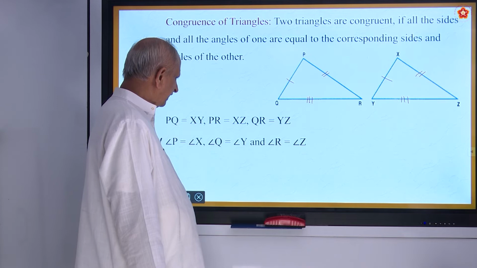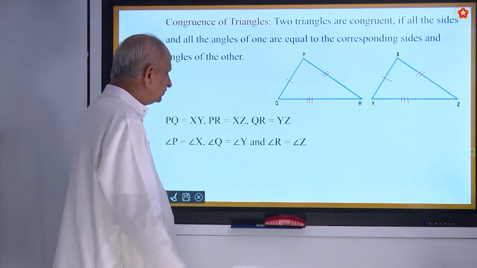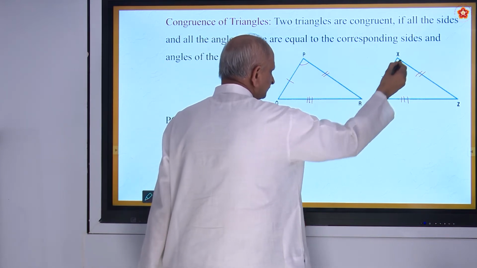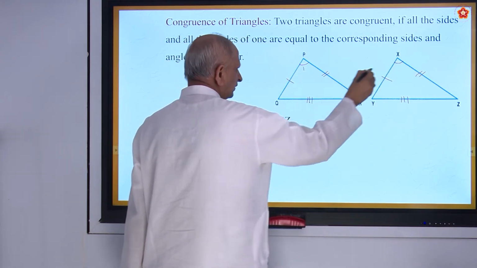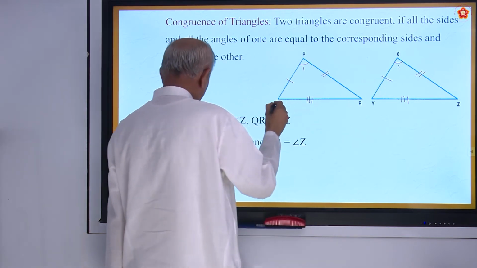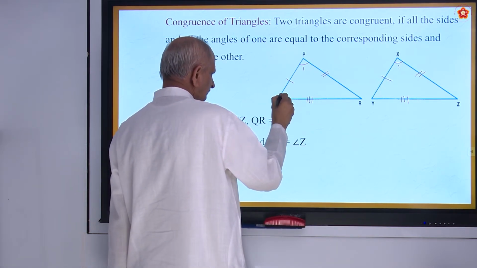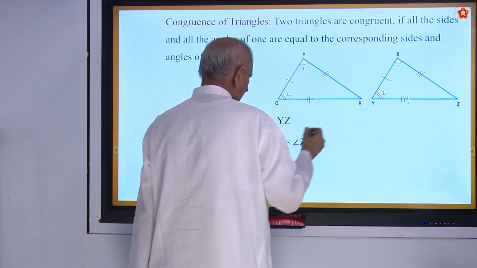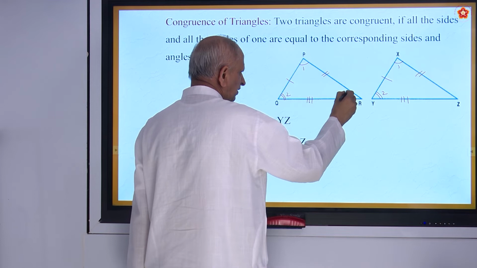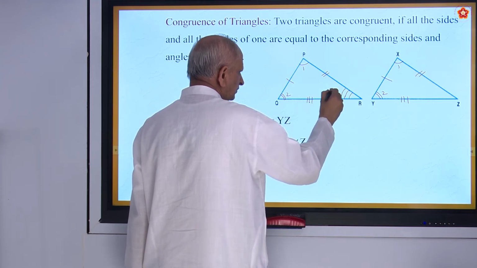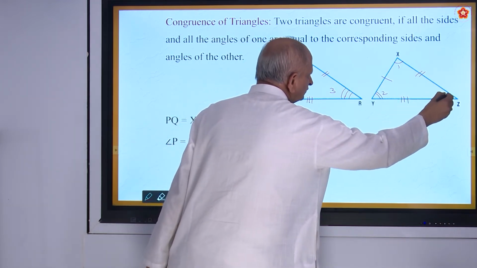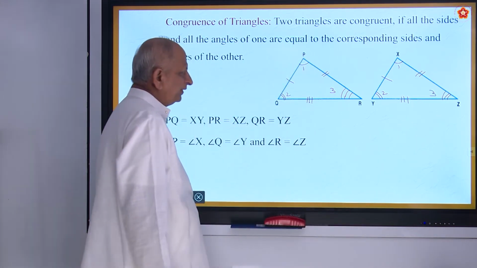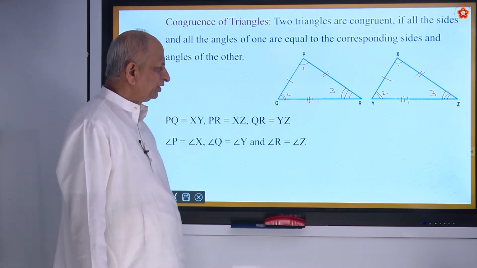And in the case of angles also, if angle P is equal to X, call it 1, and Q is equal to Y, and R is equal to Z, then we say two triangles are congruent.